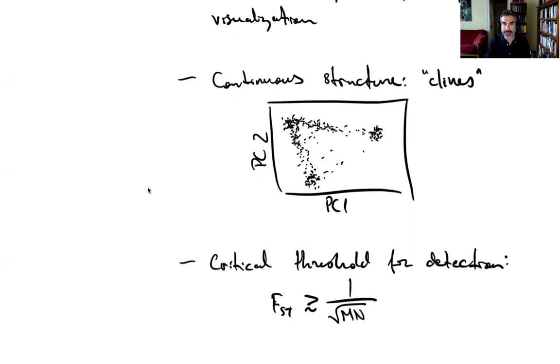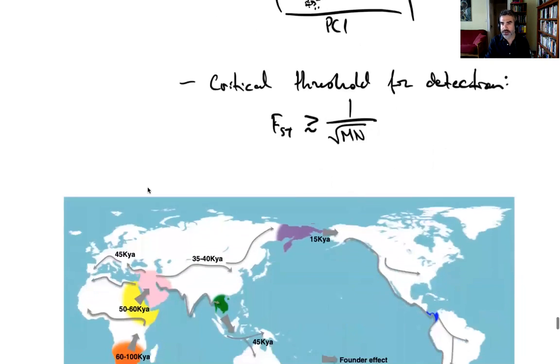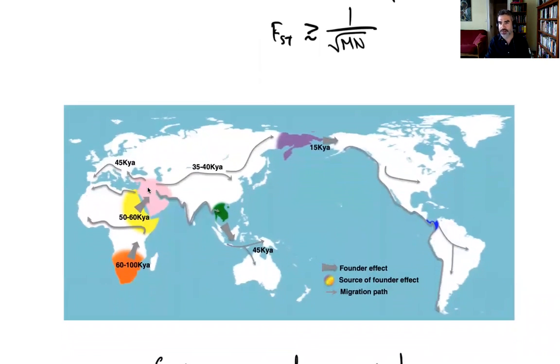I'm just going to pause here to show you this figure from a review article of Hen et al. in 2012 entitled The Great Expansion. It presents a simplified picture of our demographic history as a species at the largest scale. The story is actually quite complicated and uncertain, particularly the more ancient history in Africa.